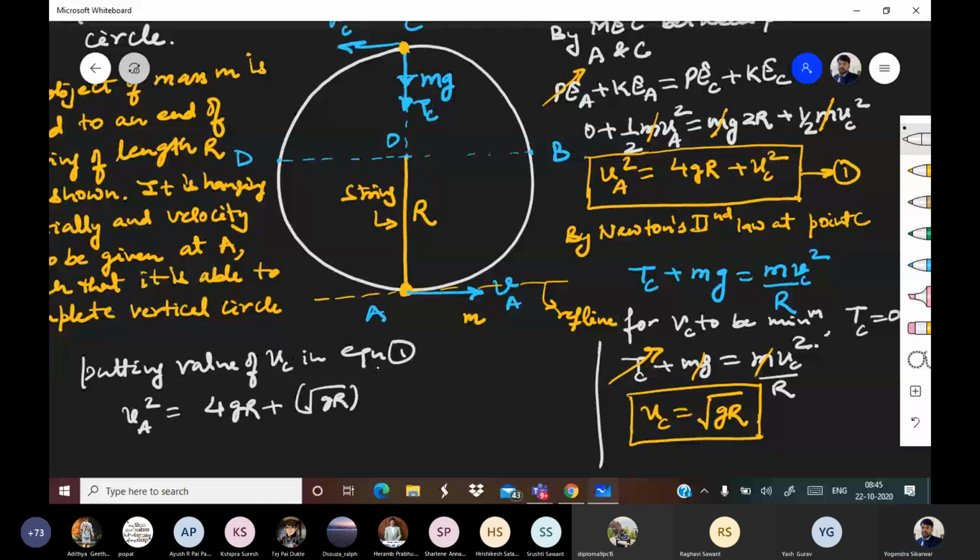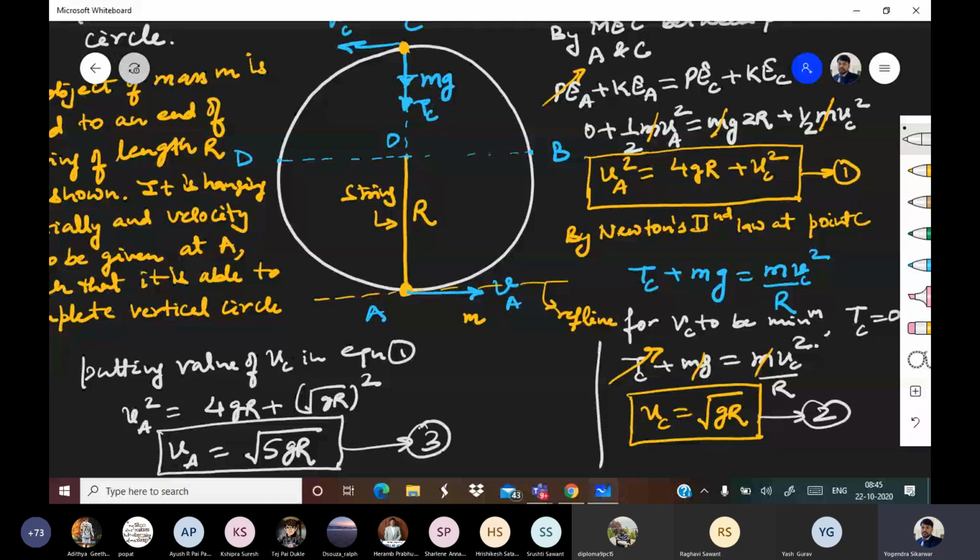So that gives us Va is equal to root of 5gr. Keep that in mind. If you want any object to complete the vertical circle, its velocity at the lowermost point must be equal to root 5gr. If it is less than root 5gr, the object will not be able to complete the vertical circle. Okay?